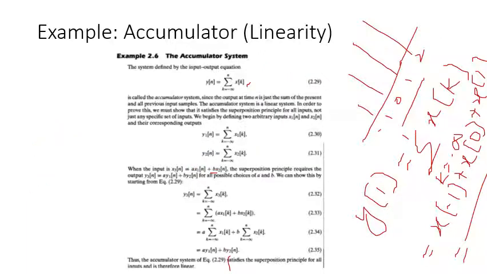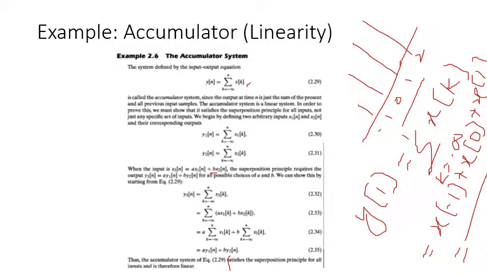We first consider two inputs and pass them through the system. Then we consider another input, x3, by adding x1 and x2, and apply scaling. Now we have done addition and scaling at the input. We provide that combined input to the system and check whether the output is equal to the combination of the outputs or not.